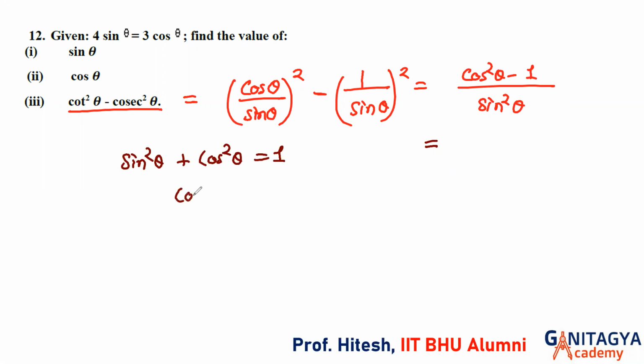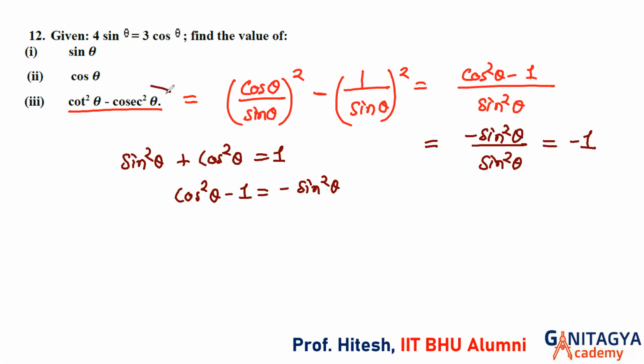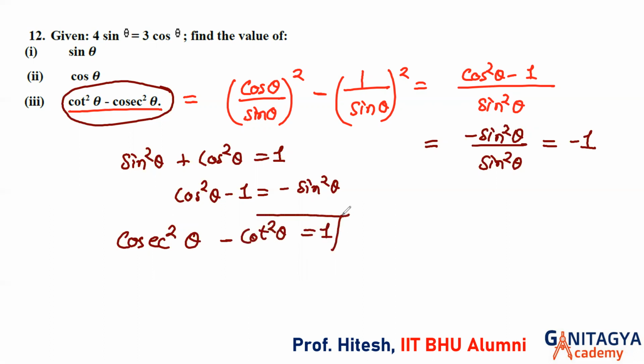So cos square theta minus 1 is minus sin square theta. So it is minus sin square theta upon sin square theta, equal to minus 1. It will always be independent of theta. Remember it as an identity: cosec square theta minus cot square theta is equal to 1. Always use it as an identity.